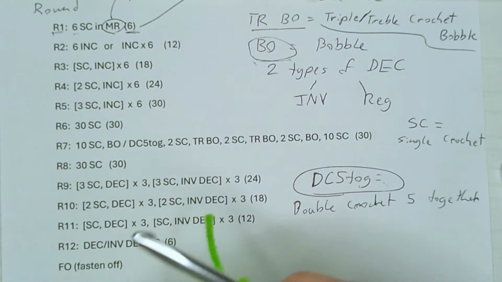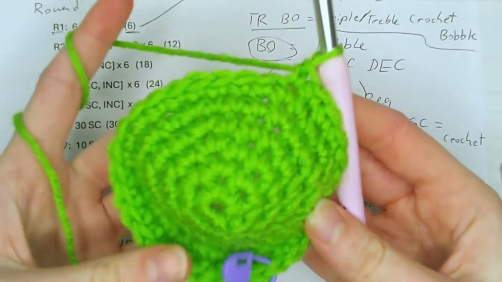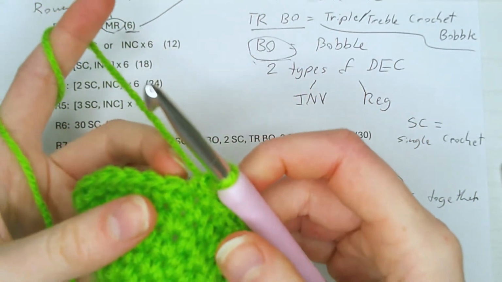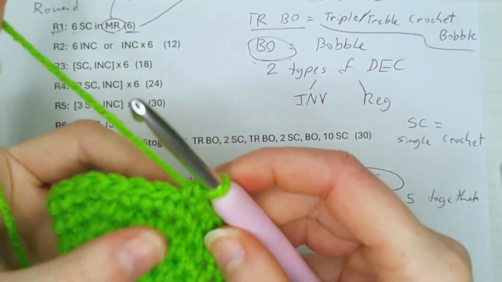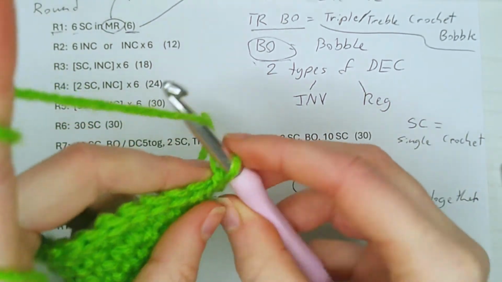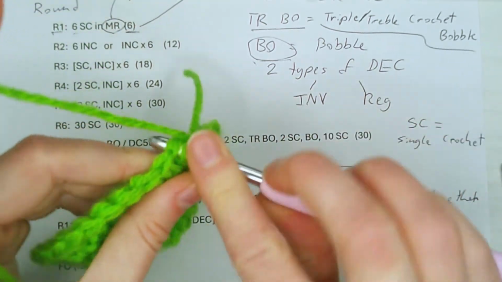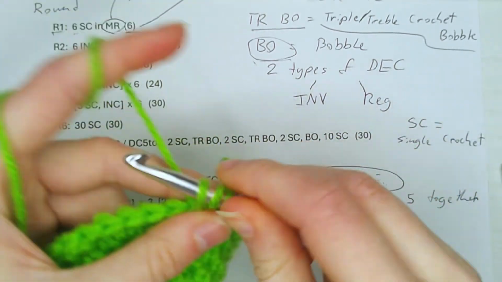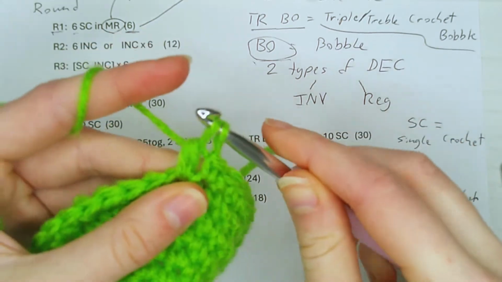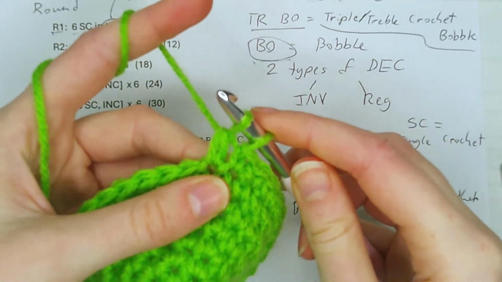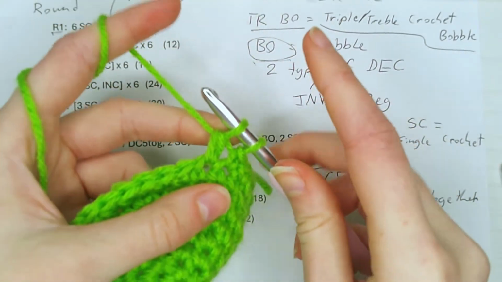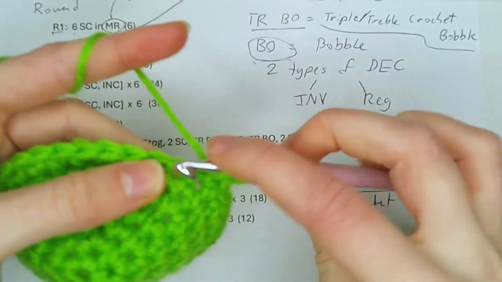So we're going to do a bobble stitch. Now I do have a video for this. I don't know if it's out yet, but it will be in the future, so if you want to learn, definitely watch that. I'm going to just show it to you visually on screen. Basically I'm going to make a double crochet, but instead of finishing it as I normally would, I leave it half finished, and I do that 4 more times.